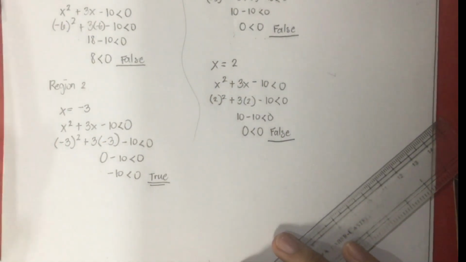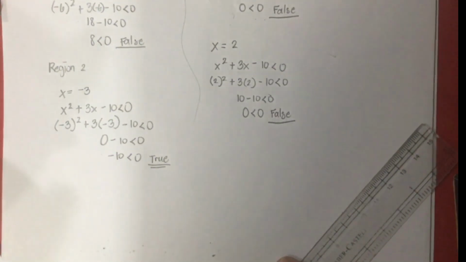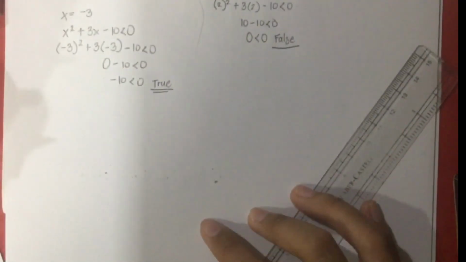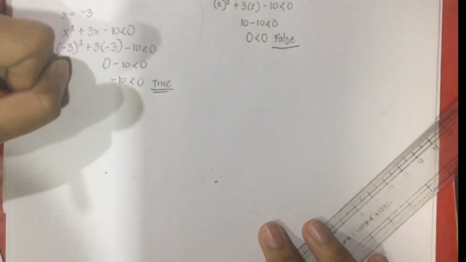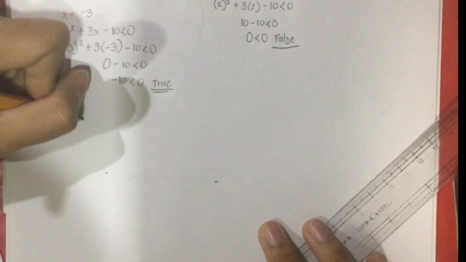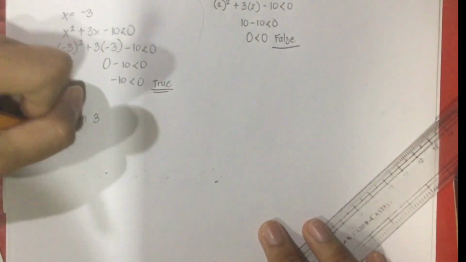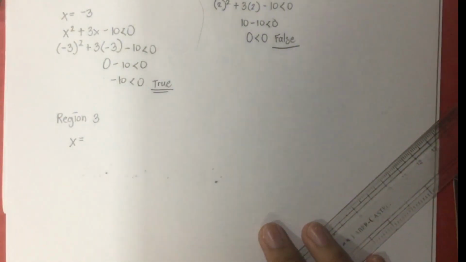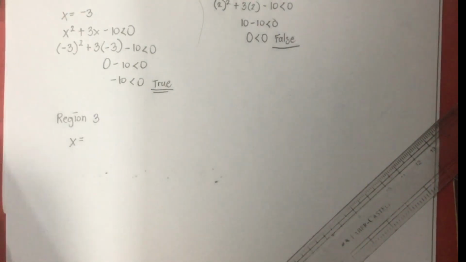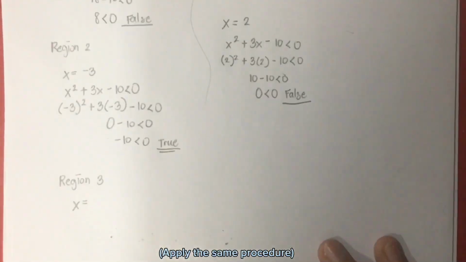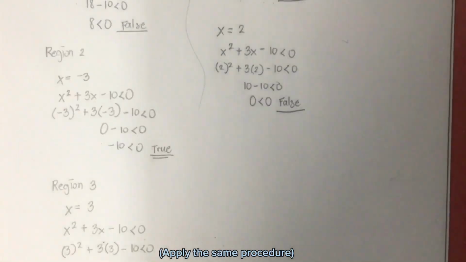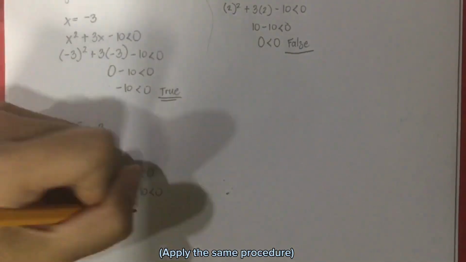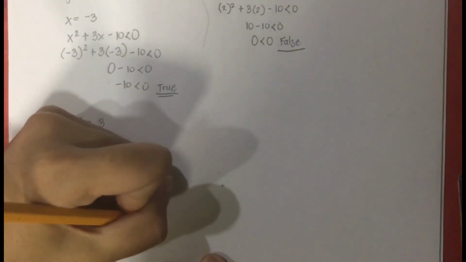Then let's move on to region 3. In region 3, I chose 1.